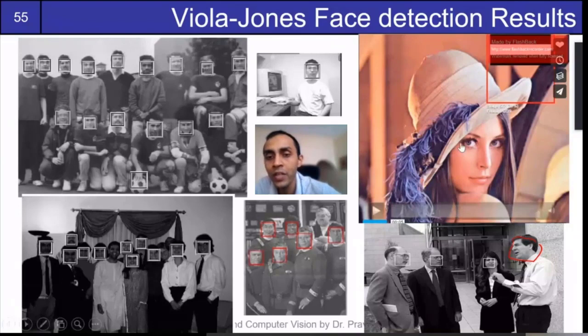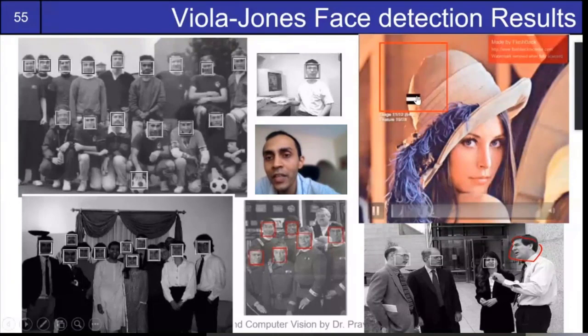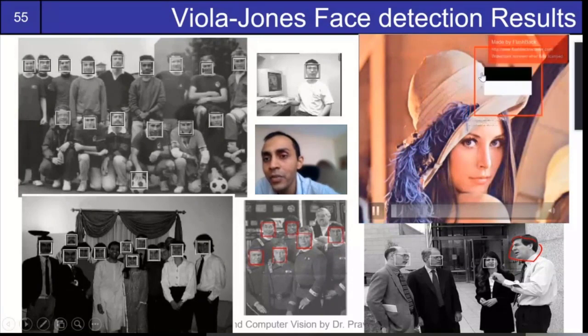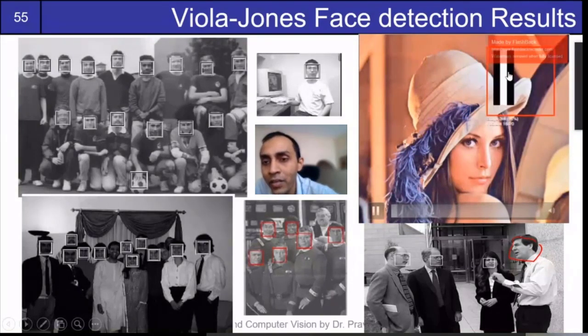This is a visualization of how the algorithm runs, a slow motion visualization. As we said, it uses a 24 by 24 window size at different locations. I don't know whether the captioning is visible, but you can see some of the features being used.